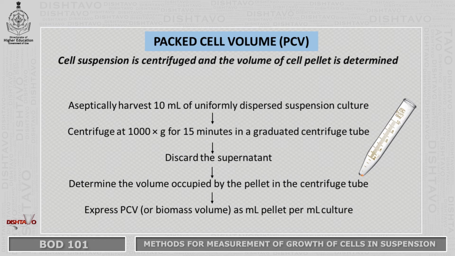Further, the supernatant is discarded and the volume that is occupied by the pellet in the centrifuge tube is determined. That is, the volume that is being occupied in the centrifuge tube is measured, and the PCV or biomass volume is expressed as ml pellet per ml culture.